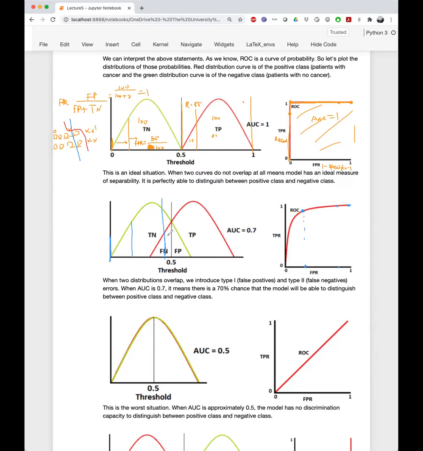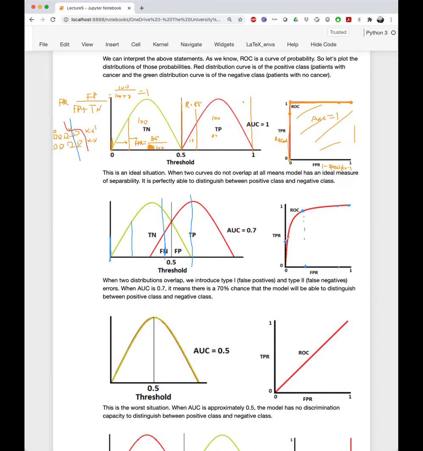And we'll further move the threshold. Let's move the threshold here. After we move the threshold here, we correctly captured about half of the positive cases. So our recall is about 0.5, but our false positive rate is 0. So we have 0 and 0.5.